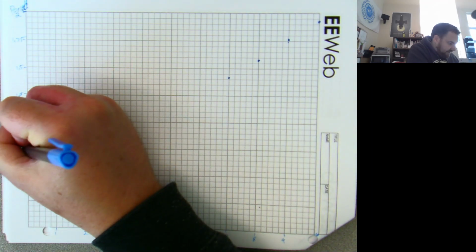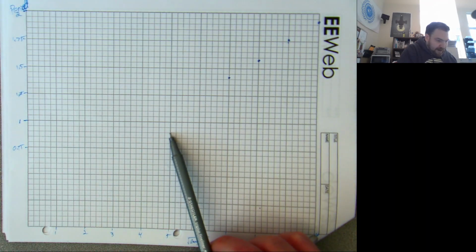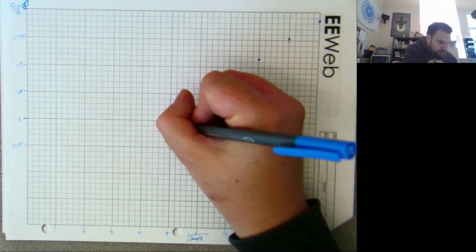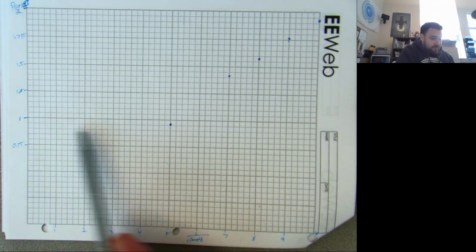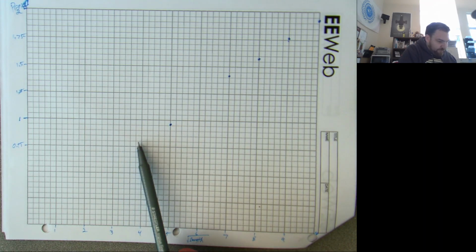So 0.96 and 5 will be right there, because that's the 0.95 line. And we're going to have 0.8 and 4. 0.8 is that guy there, 4 is that guy there.